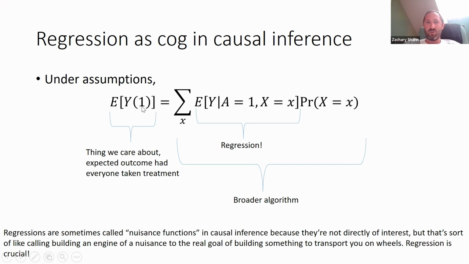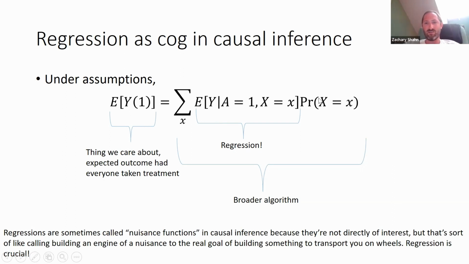And it can be shown that this thing, even though it's counterfactual and you don't get to observe it because not everyone really did watch the video, under assumptions, can be expressed as the sum over covariate values of the conditional expectation of the outcome, given that the treatment was observed to be 1 and that the covariate value was little x, times the probability that the covariate value is little x.